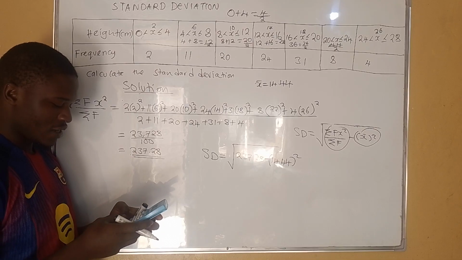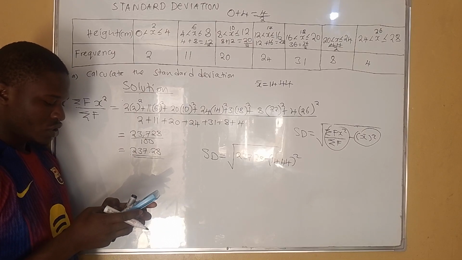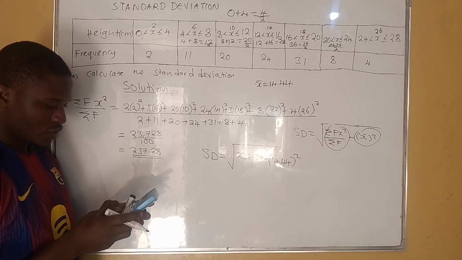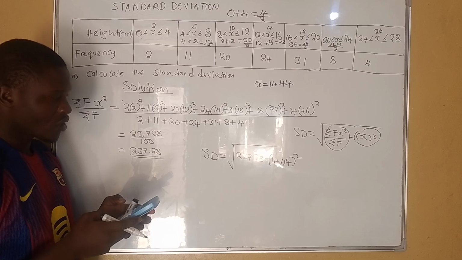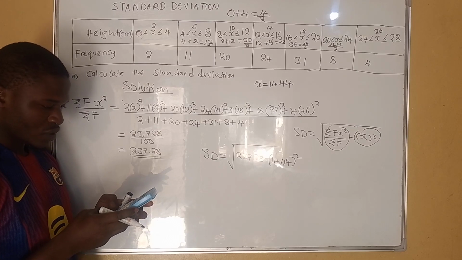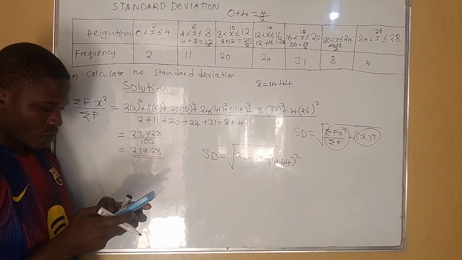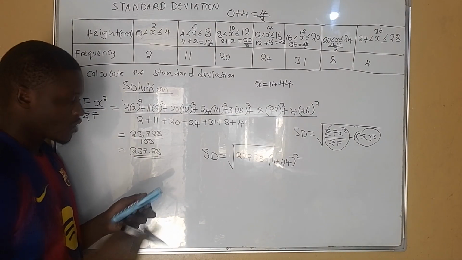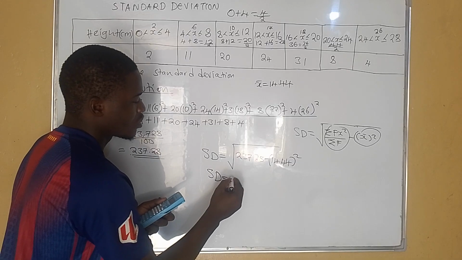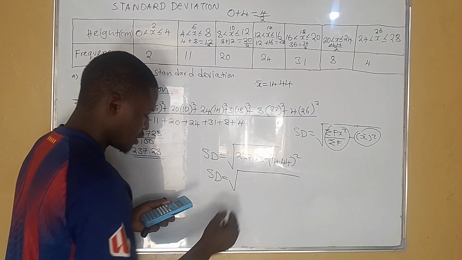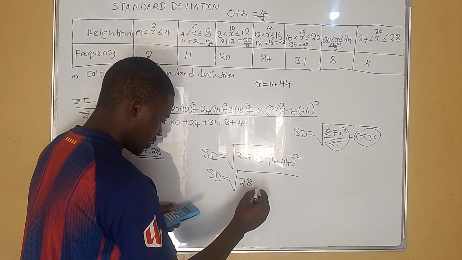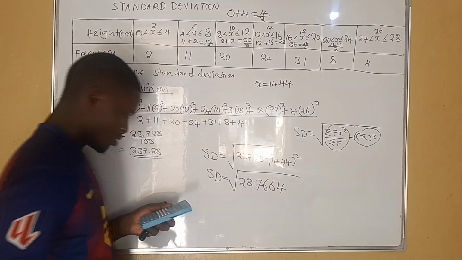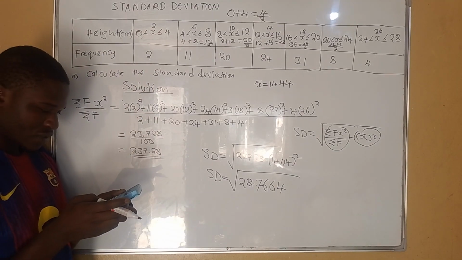So what do we have there? We have 237.28 minus, open brackets, 14.44 squared. So standard deviation is equal to, what we are going to have under the root here is 28.7664. So now what is the root of that?